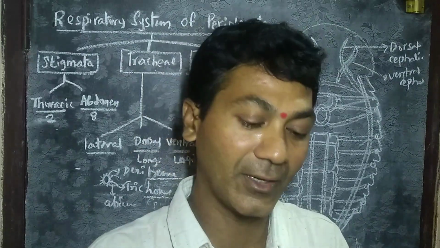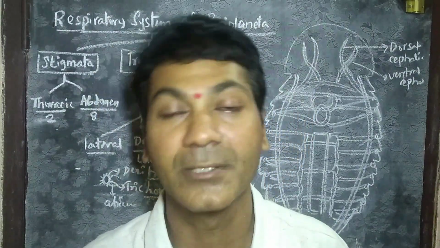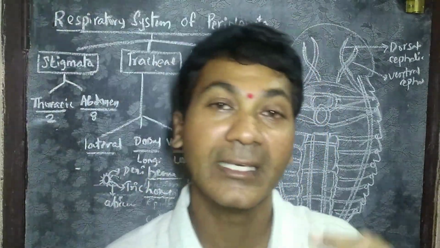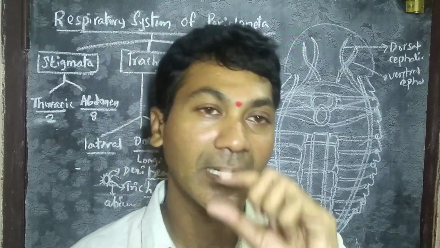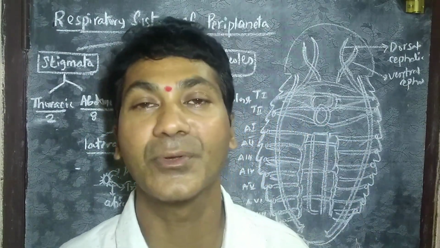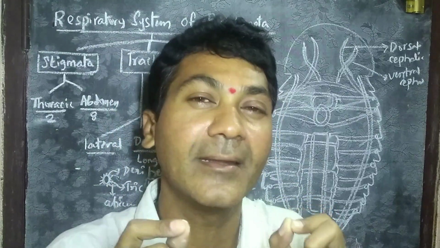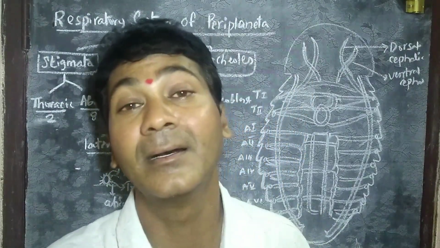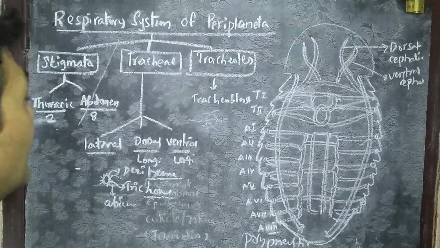The same way they have trichomes, which prevent dust particles from entering the body. So I repeat, each spiracle is valvular and opens with a muscular layer known as the peritreme. The peritreme contains fine hair-like structures known as trichomes, which prevent dust particles from entering. This is regarding stigmata and spiracles.